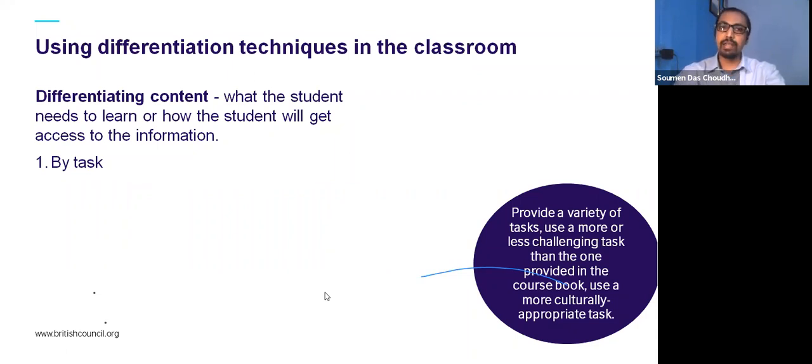And differentiated tasks could be as varied as a gap fill or matching exercise, or it could be challenging, such as classifying something, debating, discussing, asking your learners to find out information, filling a survey. And it could also be creative, like poster making or making a story as well.